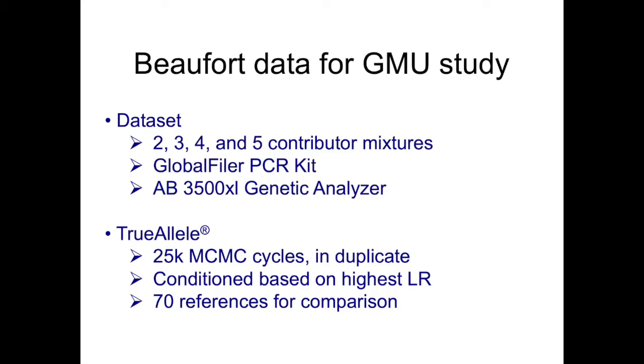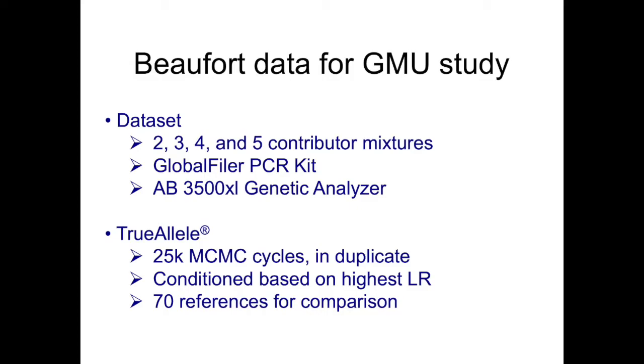To show the effectiveness of conditioning, mixture samples comprised of 2 through 5 contributors were examined. Mixture composition followed a randomized design in terms of genotype and DNA amounts. Samples were amplified using the Global Filer PCR kit and then size separated and detected on the 3500 genetic analyzer. From there, sample data were then uploaded to TrueAllele's cloud server, and computer runs were set up using an expected number of contributors and were processed for 25K Markov chain Monte Carlo cycles.